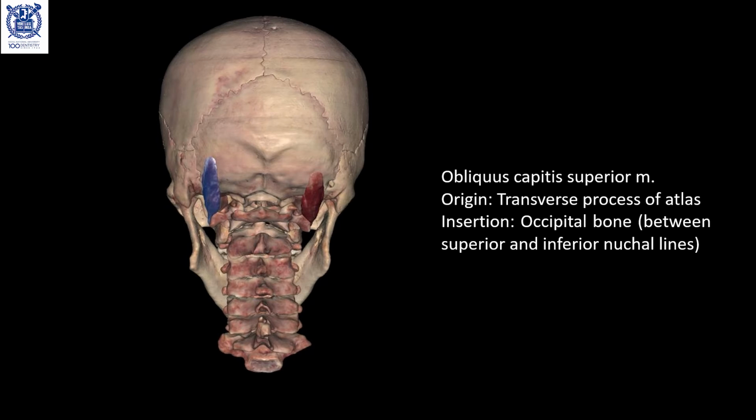The muscle is innervated by the suboccipital nerve, the dorsal ramus of the first cervical spinal nerve. It acts at the atlanto-occipital joint to extend the head and flex the head to the ipsilateral side.